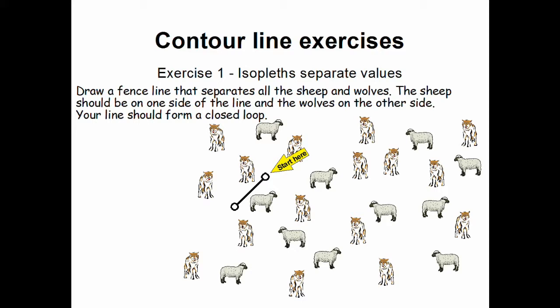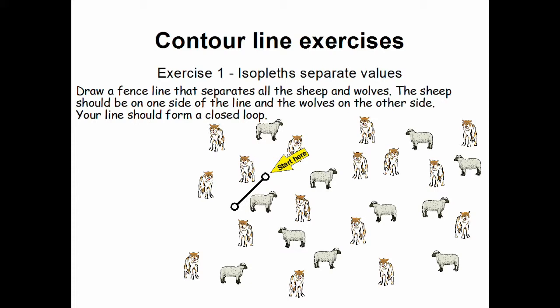After you are done, all the wolves should be on one side of your contour line or fence line, and all the sheep on the other side. Now, the line should form a closed loop, and if you observe it carefully in your exercise, there should be no sheep inside with the wolves and no wolf inside with the sheep.